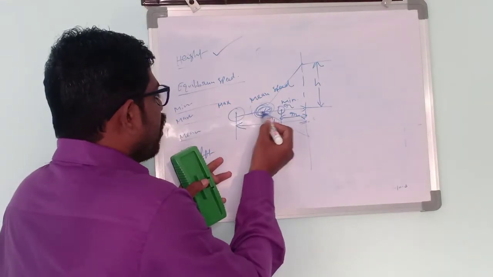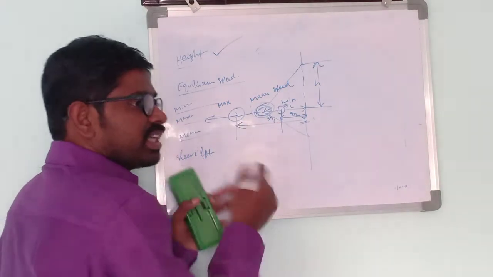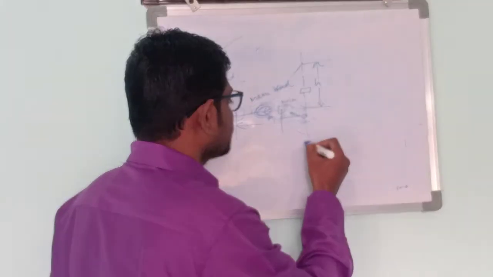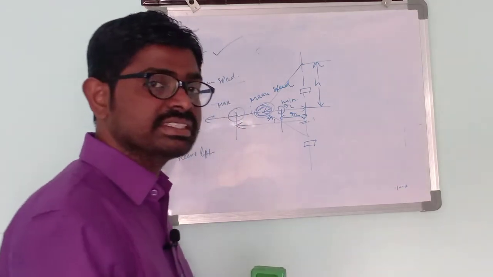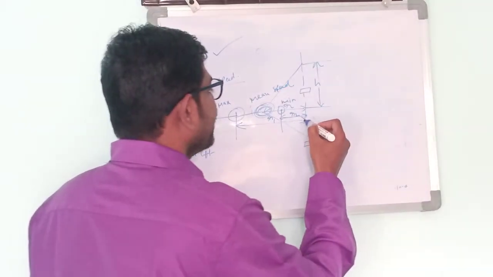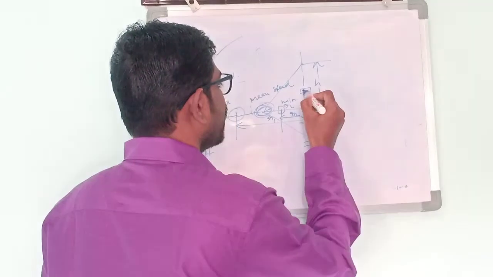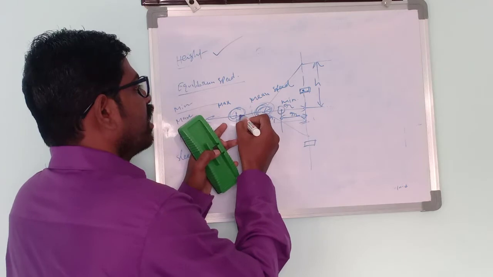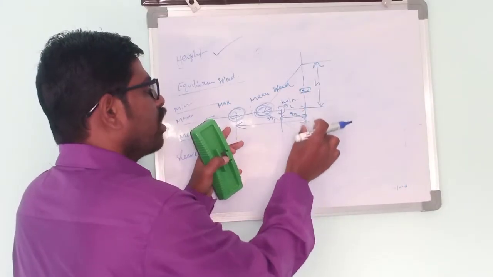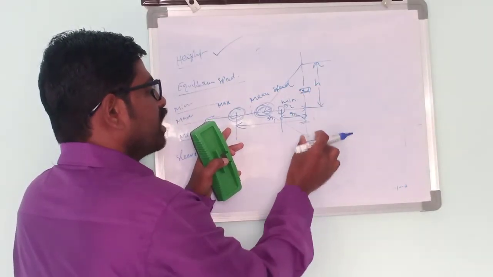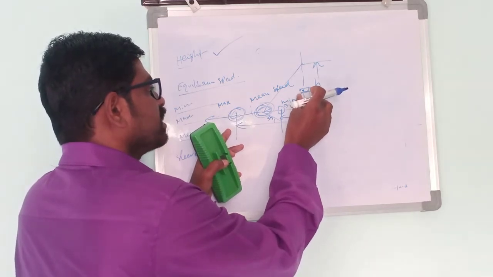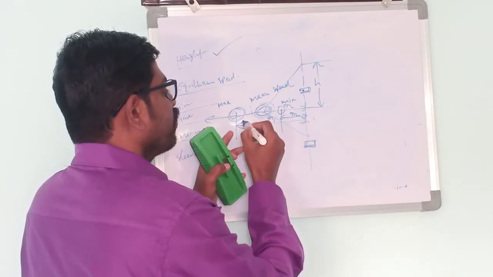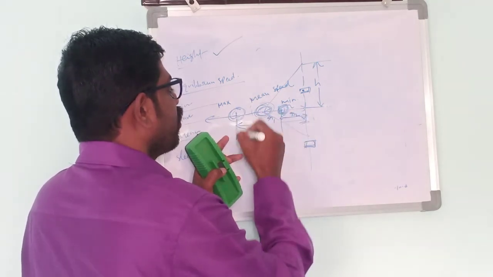The ball cannot move beyond this, because we have already provided two stops, S and S, to limit the travel of the sleeve. When the sleeve is moving upward, it can move up to here only, and the ball can move maximum like this. When the sleeve is moving downward, it can move up to here only. There is a boundary for the movement of the sleeve. These are the boundaries.